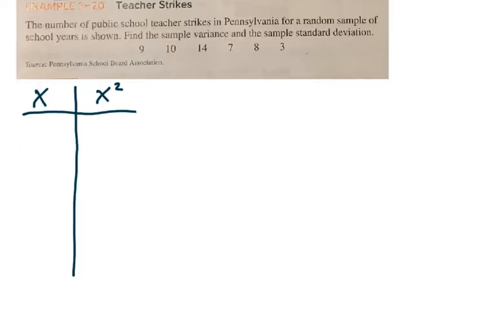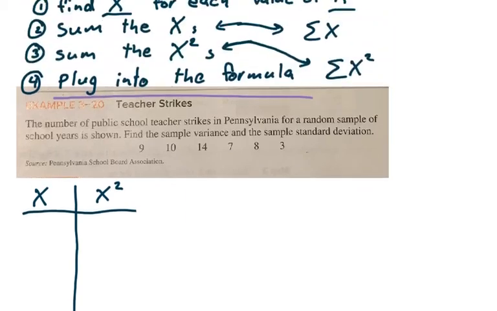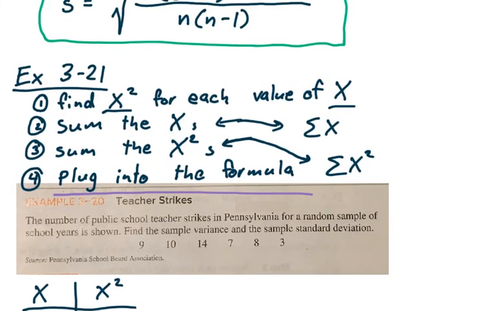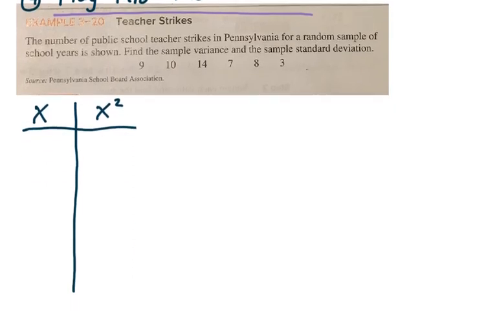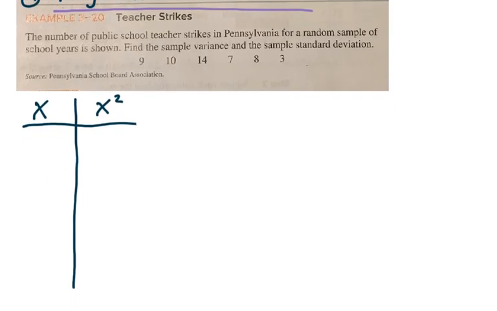As you noticed above, we're doing example 3-21, and they say calculate the same thing that we did in example 3-20, but now that we know this shortcut formula, we're going to test it out. So here's the same information. Here are the data. As you can see, I've listed a column for x and a column for x squared.